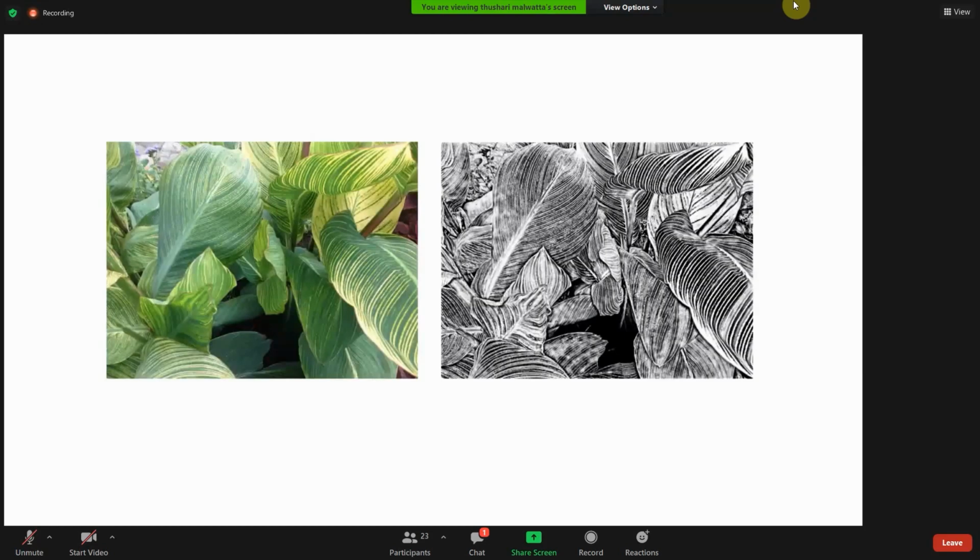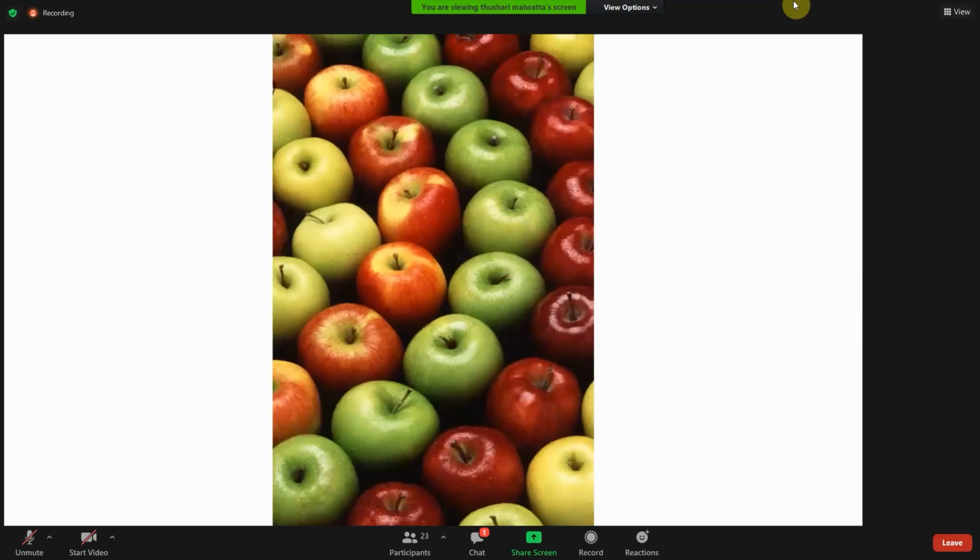Simply the repeated lines. So this is the pattern created. The repetition. This is also described as repetition as a design principle, pattern or repetition.